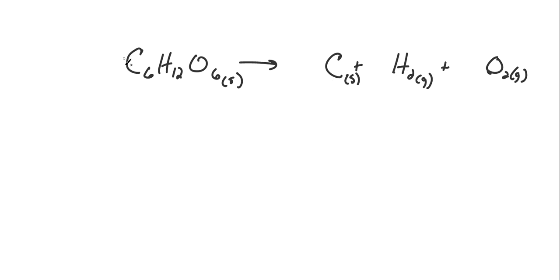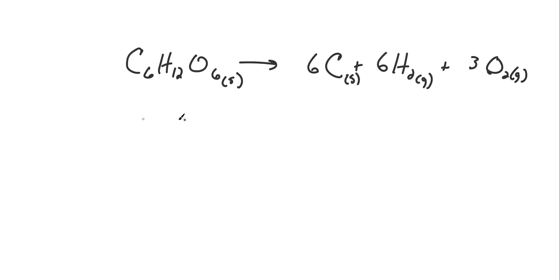So let's balance this. 6 carbons here, 1 carbon here. Let's do 6. 12 hydrogens here, 2 hydrogens here. We need 6 times 2 is 12. 6 oxygens, 2 oxygens here. 3 times 2 will give us our 6. So this is balanced. Okay.